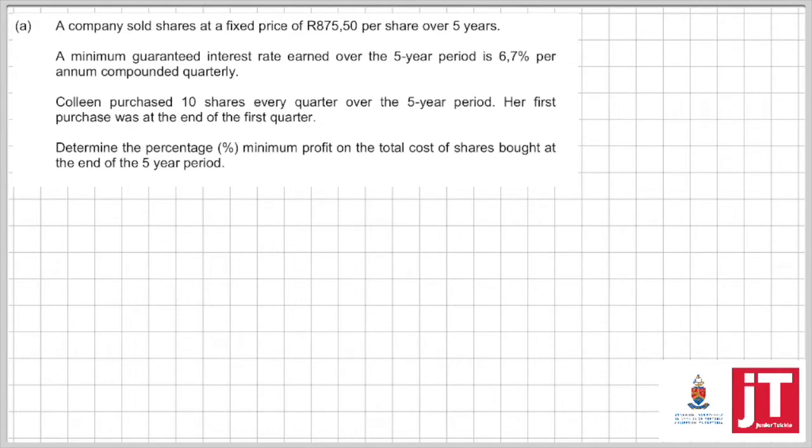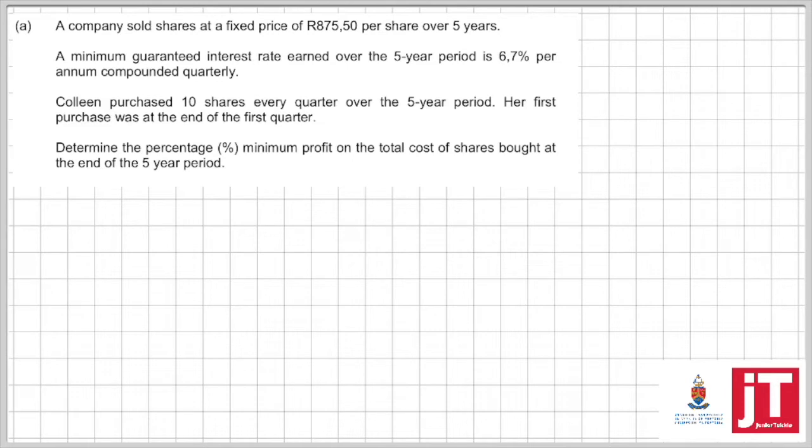Colleen purchased 10 shares every quarter over the 5-year period. Her first purchase was at the end of the first quarter. Determine the percentage minimum profit on the total cost of shares bought at the end of the 5-year period.